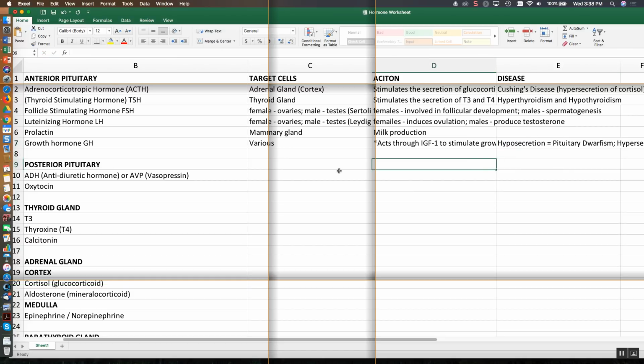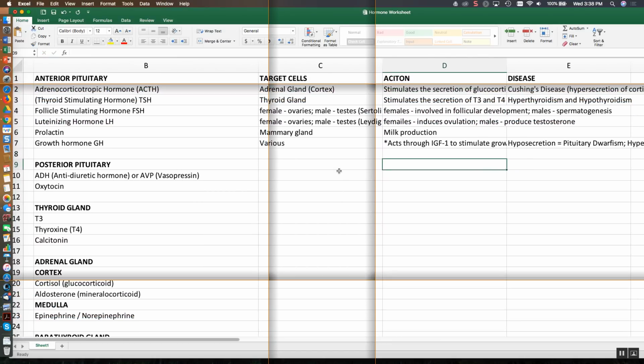ADH. Okay, what is vasopressin? What's the target cell? Kidney. Right, you guys? Kidney. I would even go so far as to say the collecting duct. Well, no, I'd say distal tubule and collecting duct.